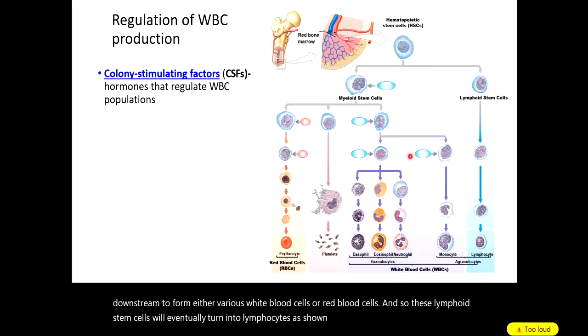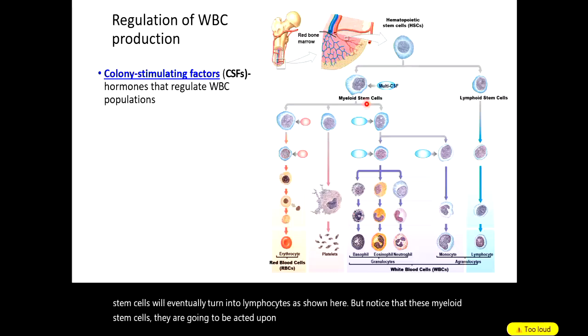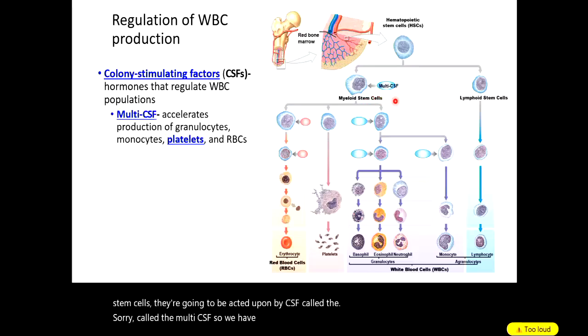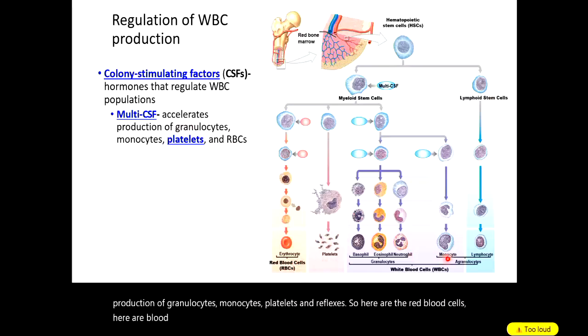But notice that the myeloid stem cells are acted upon by a CSF called multi-CSF, which is going to accelerate the production of granulocytes, monocytes, platelets, and red blood cells. Here are the red blood cells, here are blood platelets, and monocytes is a type of white blood cell. And the question is, what do we mean by granulocytes?